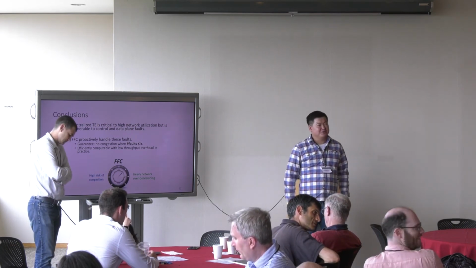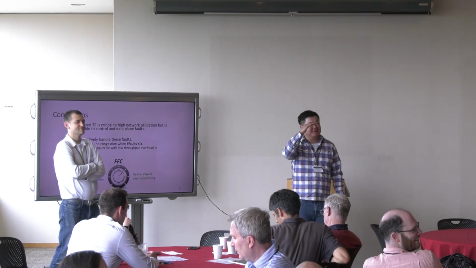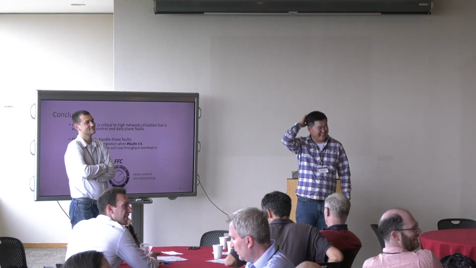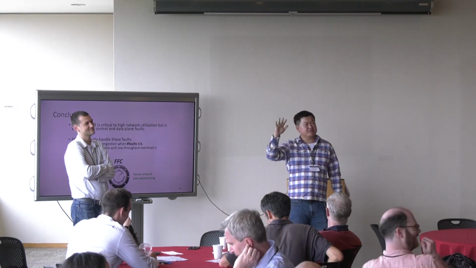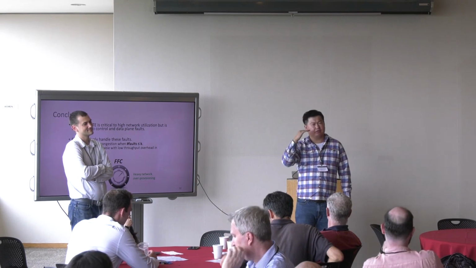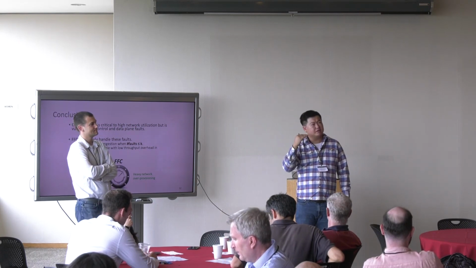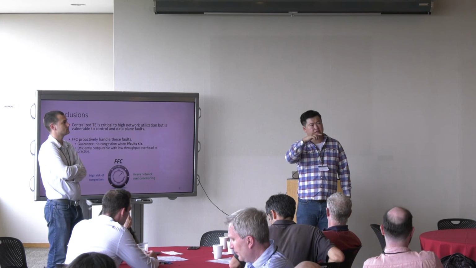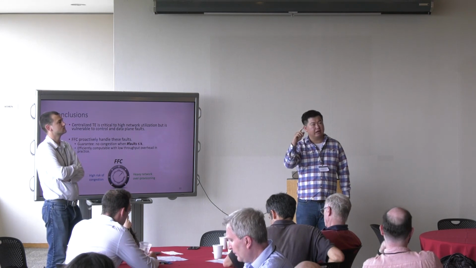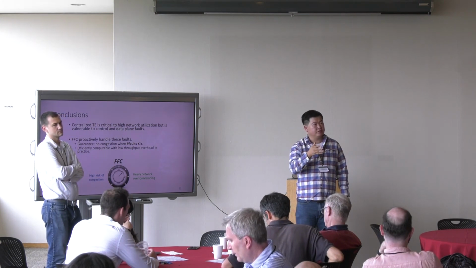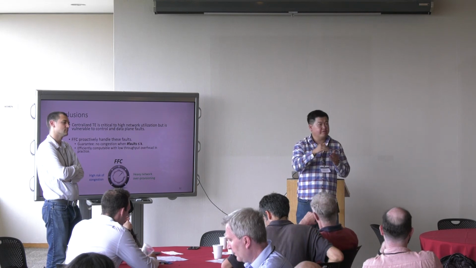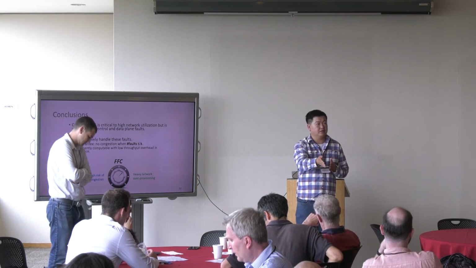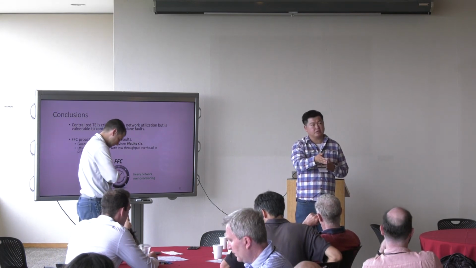And so in the whole picture, there are several decision makers, right? One is how to select the path. And I think what Jen is doing is basically how to select the path, and FFC is not doing that.